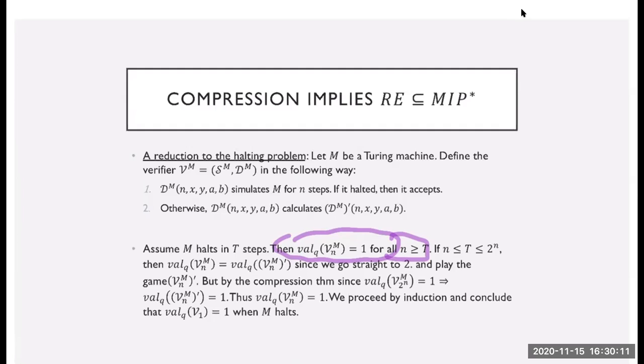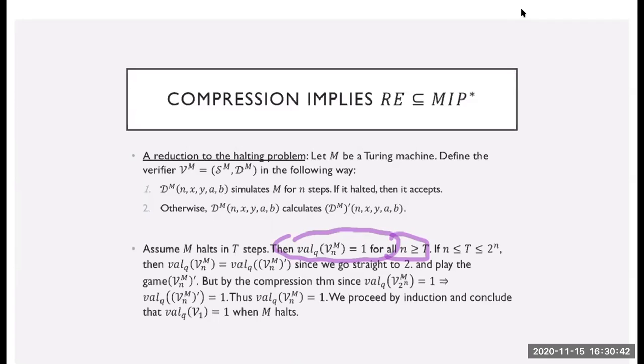We ran for less than t steps because n is smaller than t. So we went to the second clause, but then we need to play the nth game of V prime. The point is that now we can use the compression. The value of the game 2 to the n, the original 2 to the n game, is the same as the value of the nth game of M prime, right?